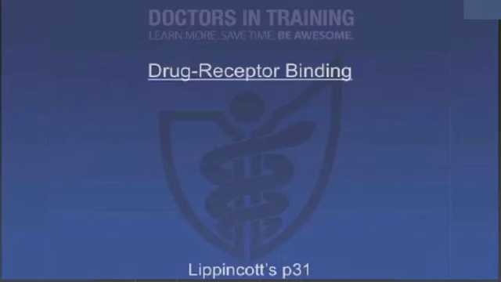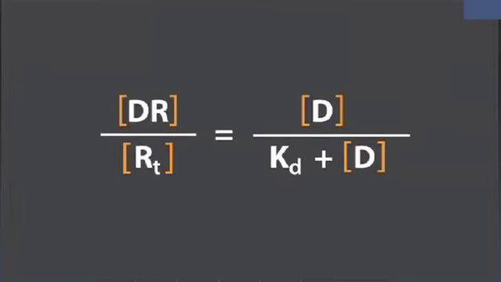But then we turn to page 31, and you see all these formulas, and honestly, it gives me a headache just looking at them. The good news is this is not a terribly important formula. You're not going to have to do calculations based on this formula. But it's important to understand the relationship between these different variables. So we're talking about drug receptor binding. And you look at that first equation, and let me just define a couple of the parameters here.